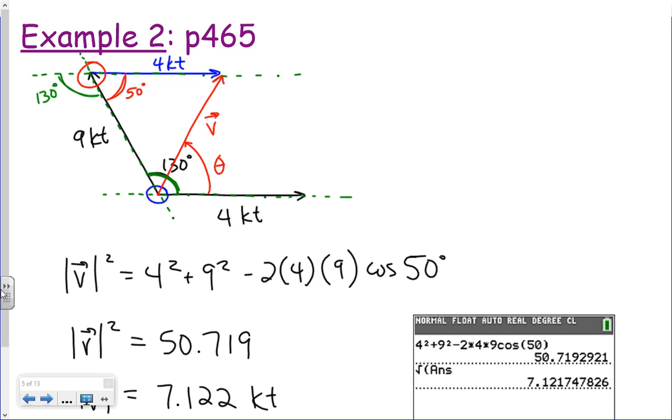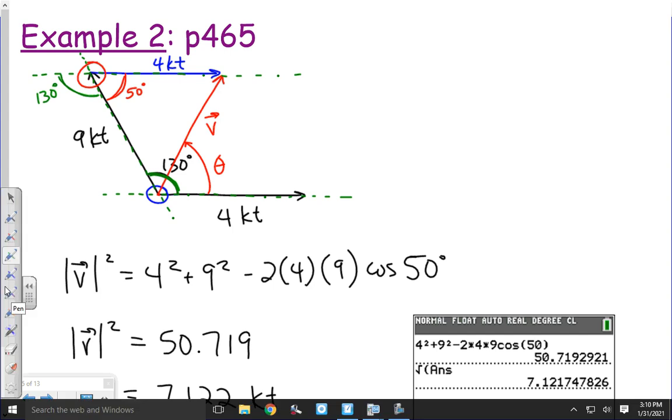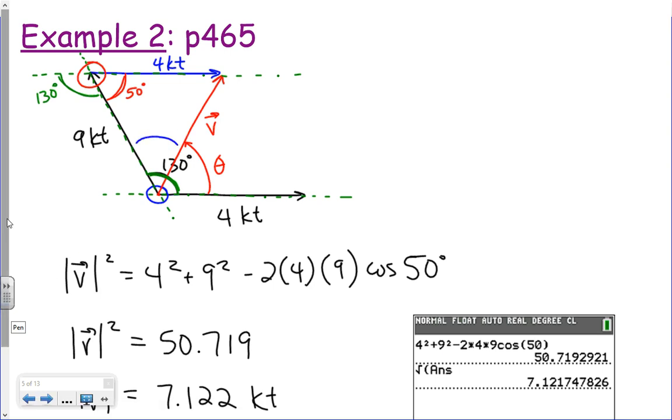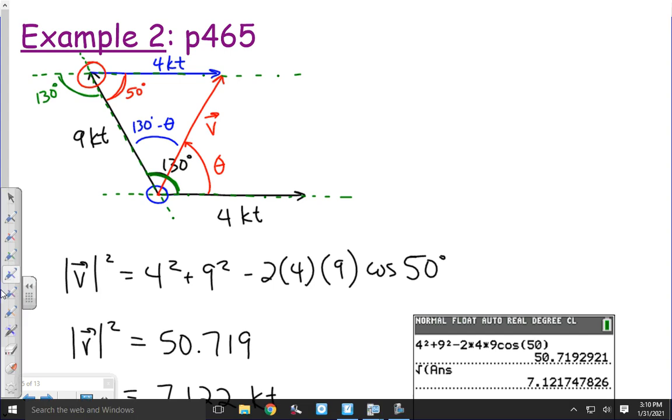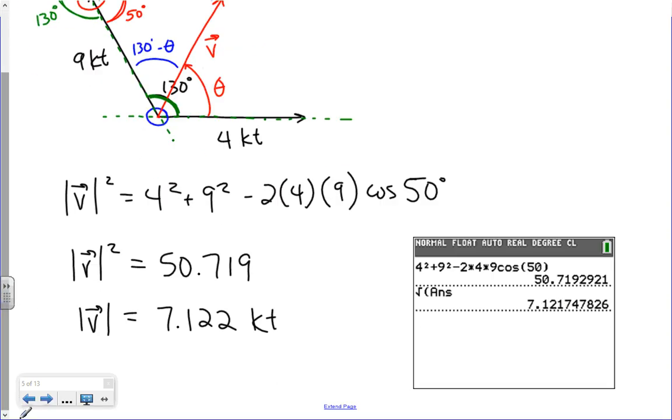So to get an angle that's in my triangle, let me do that in blue, this angle right here would be 130 minus theta. That's an angle in my triangle. So now I can use the law of cosines with that guy right there to come up with my direction. So let's go through that and find that direction.